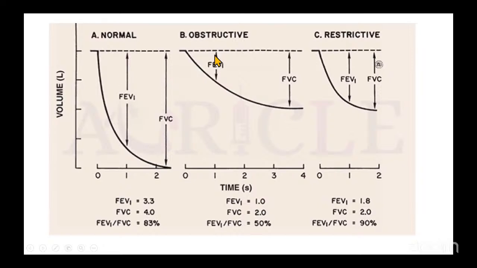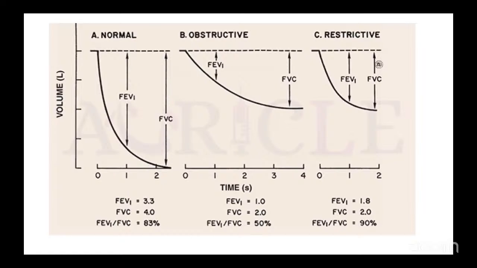Now here you can see a person who is having obstruction. In an obstruction, what is happening? When the person is expiring and positive intrapleural pressure is happening, that will collapse the smaller airways. Or the person already is having some sort of collapse in the smaller airways, some pathology. Because of which, now the rate of flow is going to be different. Difficult for it to go, more airway resistance will be there.